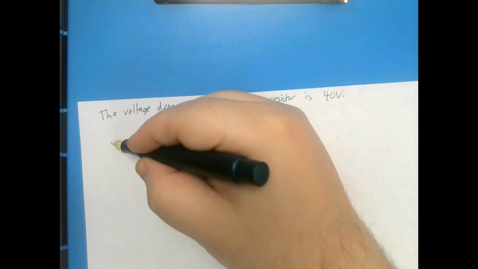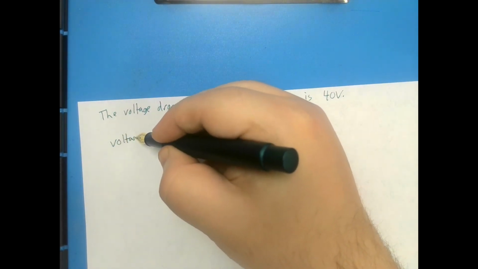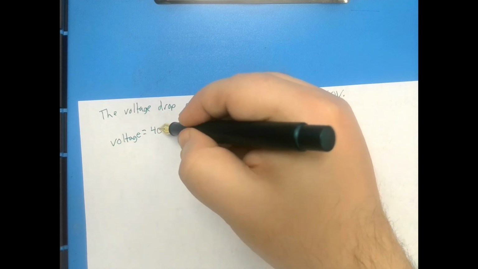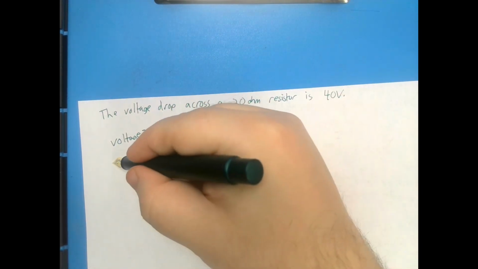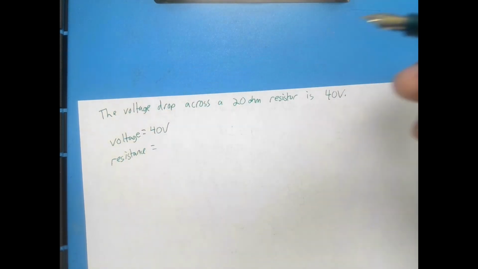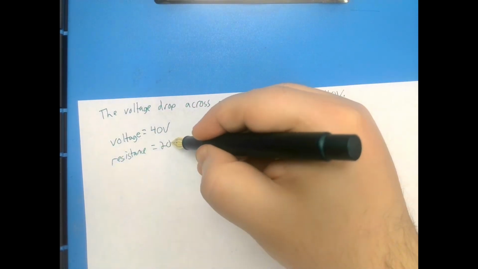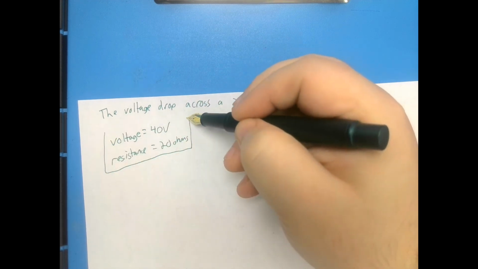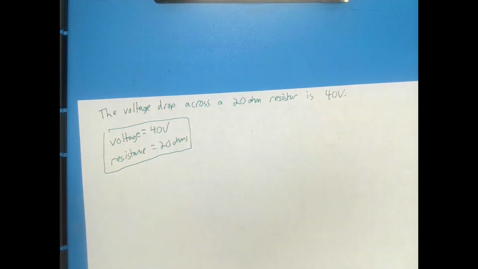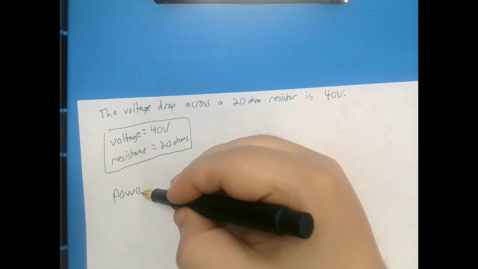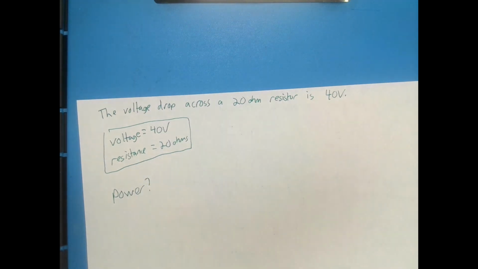So our voltage is 40 volts. The resistance is 20 ohms. So we can solve for power by looking it up.